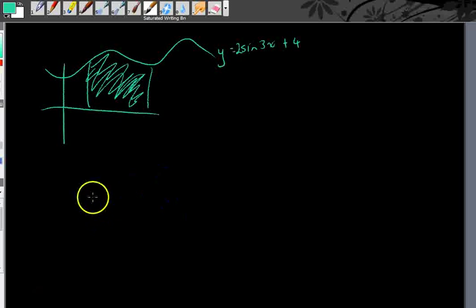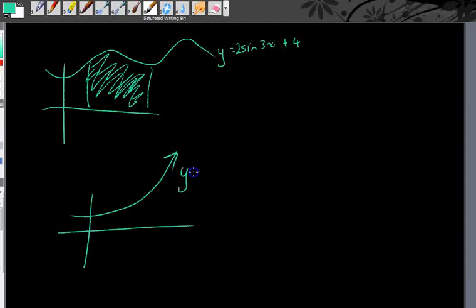You might also get asked to find the area under the curve for something like this. Y equals e to the 2x plus 4. You might get asked to find the area under there. You might also get asked, and we just did one then, 1 on 3x plus 5.